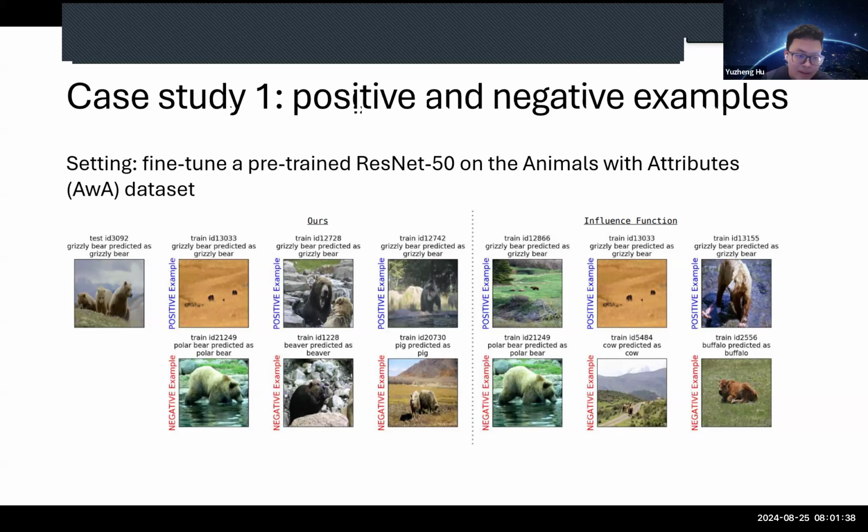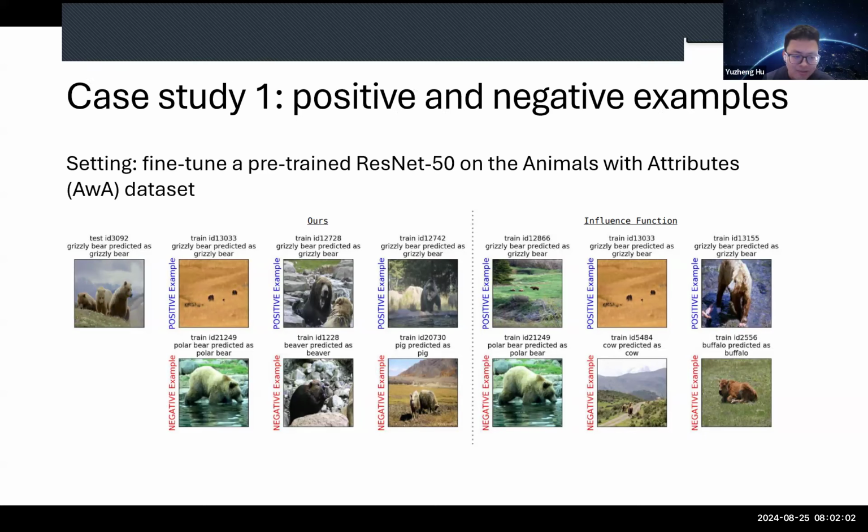In the sense that the positive samples are basically images of the same class and also predicted as the same class. And for the negative examples, we see that mostly they are images that look very similar to bear. For instance, the label of the test image is grizzly bear.